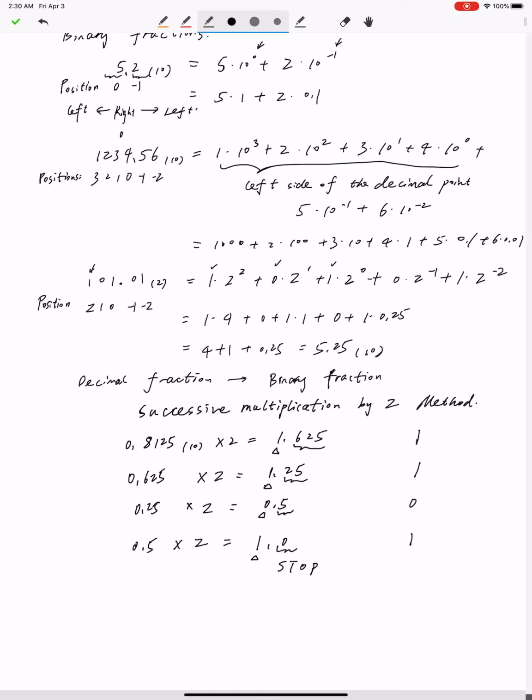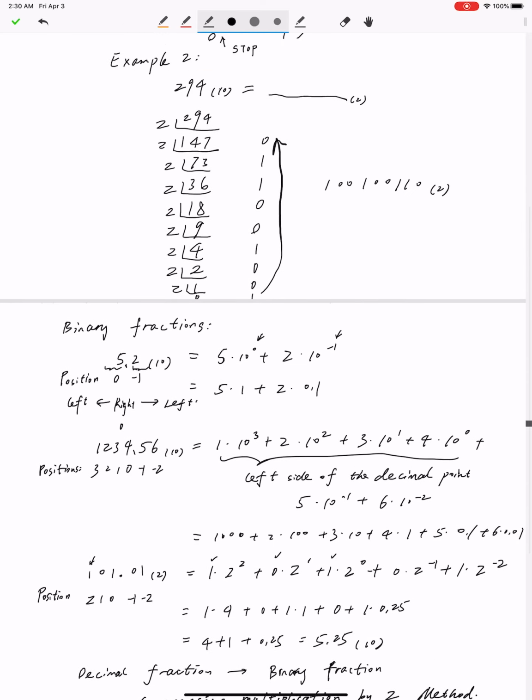The way we find the binary number, or the order of this binary number, is from top to bottom. Okay, it's the opposite direction. It's the opposite order that we use in the repeated division by 2 method.